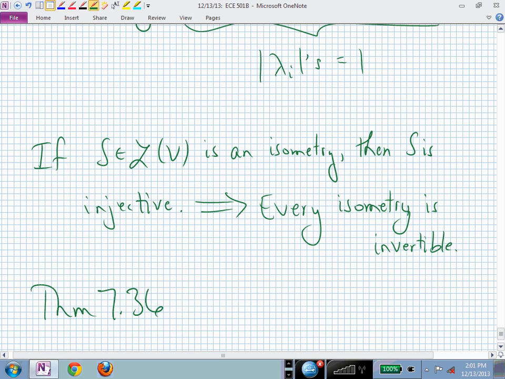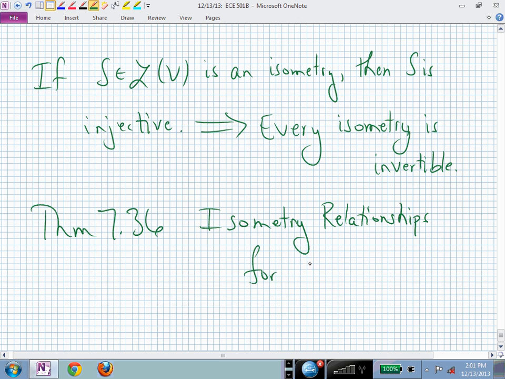It had a really long list of those relationships. This now gives you the isometry relationships for S and its adjoint.